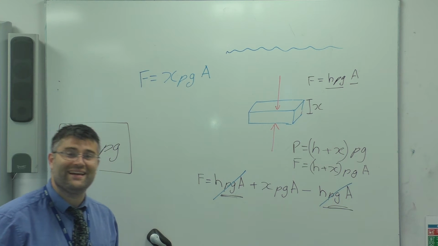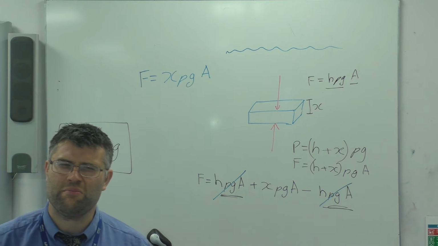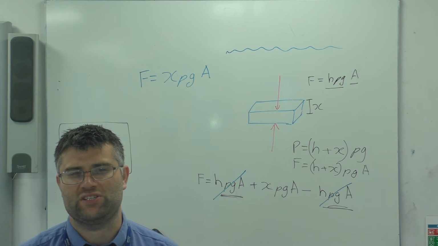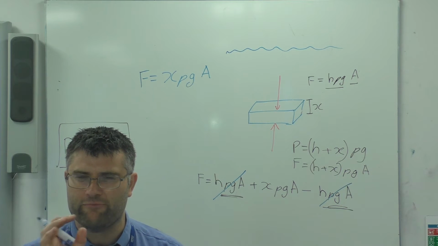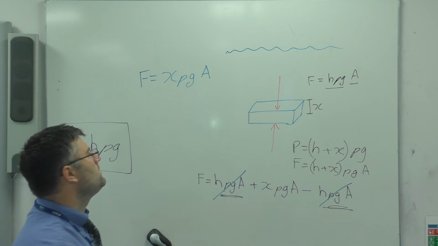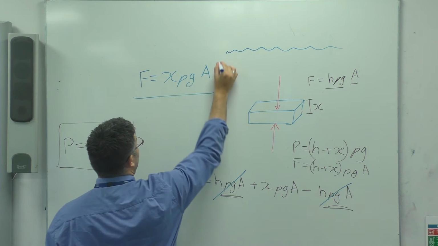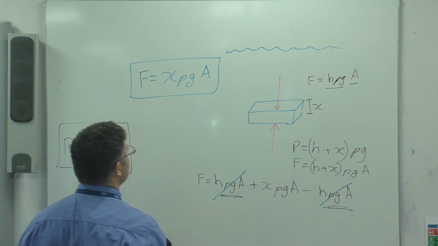Now that is pretty much there. You might be thinking we need to go through that equation to make sure we're happy with what it represents. This, in equation form, is Archimedes' principle.